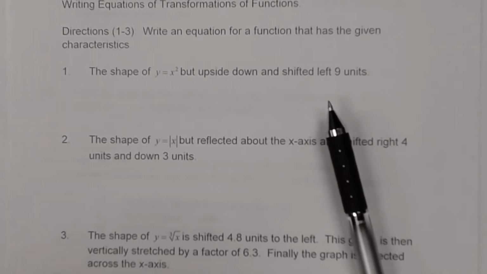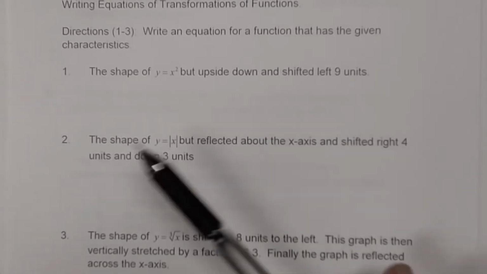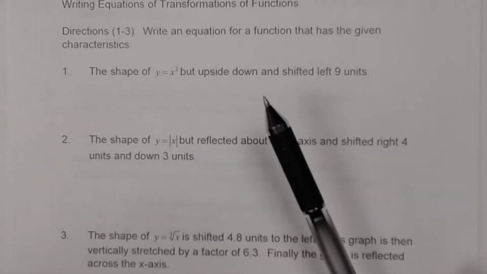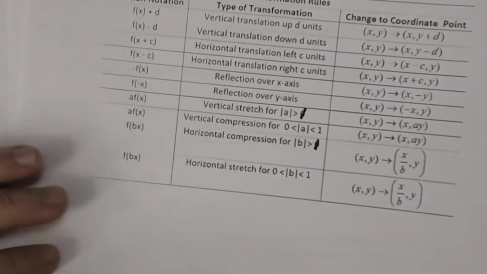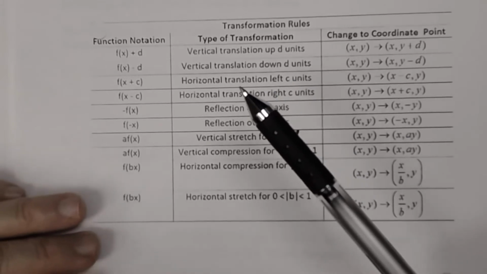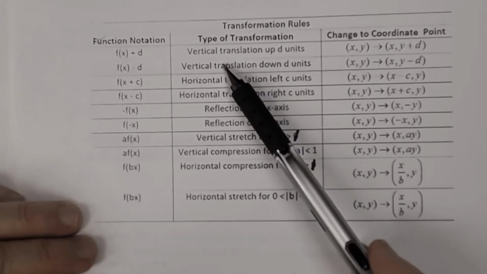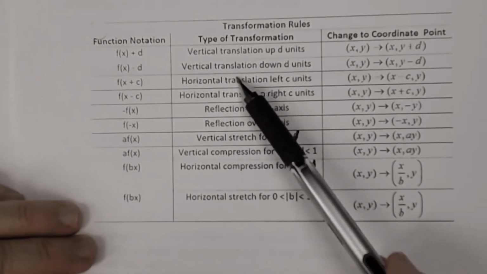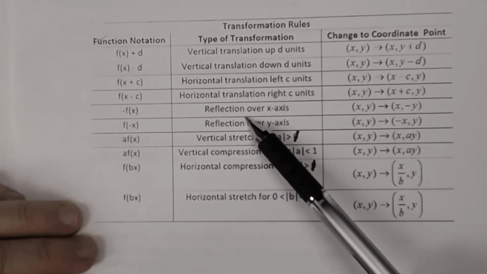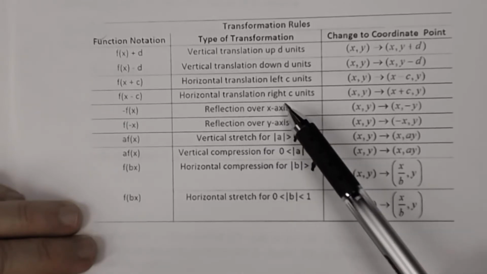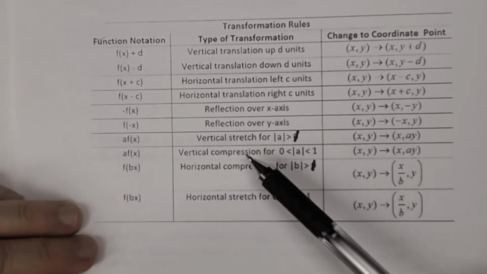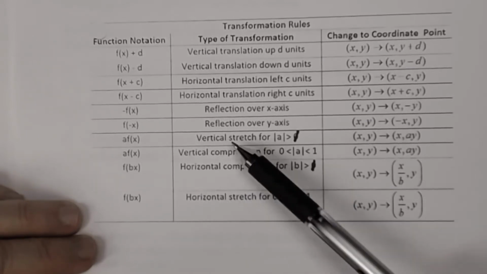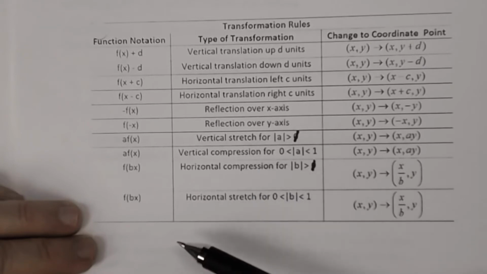All right, so make sure if you need to, you go back and review the lessons that dealt with these ideas. In previous lessons, and there were several that focused on these, we talked about vertical translations, horizontal translations, and reflections, whether it's over the x-axis or the y-axis. We talked about stretch and compression, whether it's vertical or horizontal.